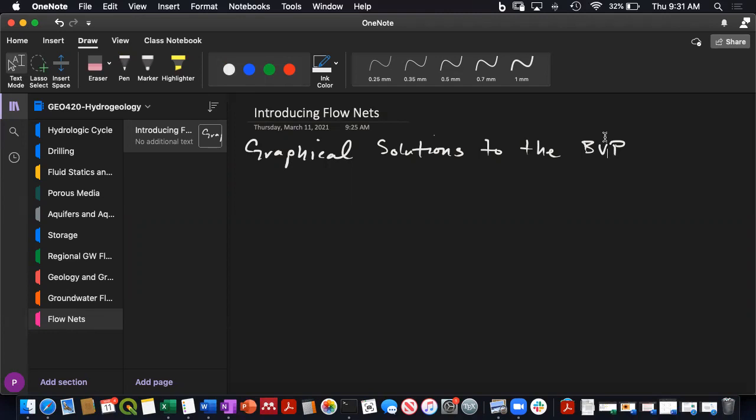So they develop intuition and they're a pretty powerful tool. They include all the ingredients that we have to have for a solution to a boundary value problem, if we have the right conditions.